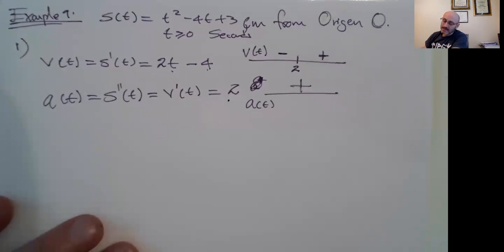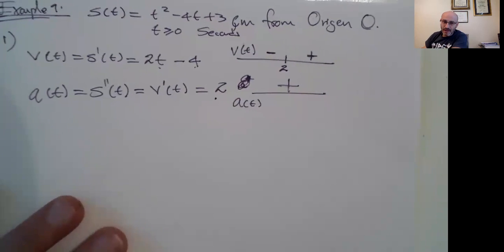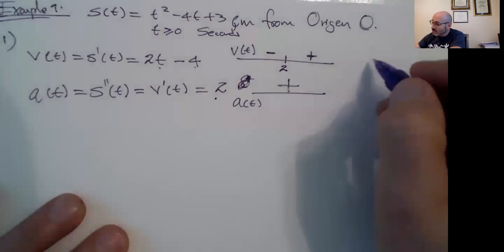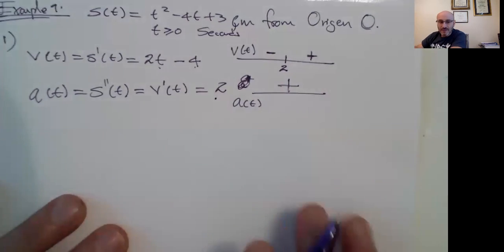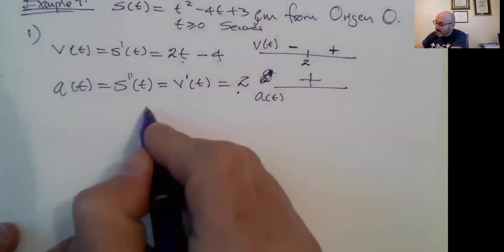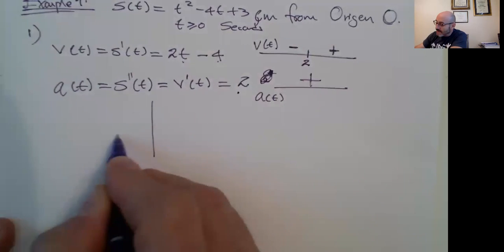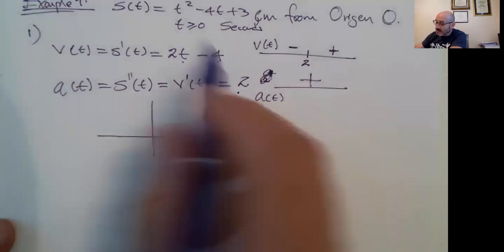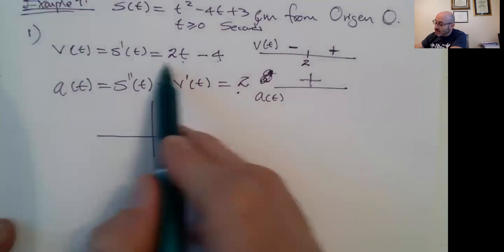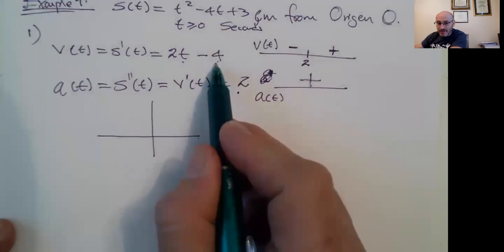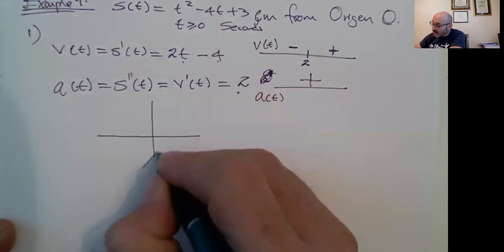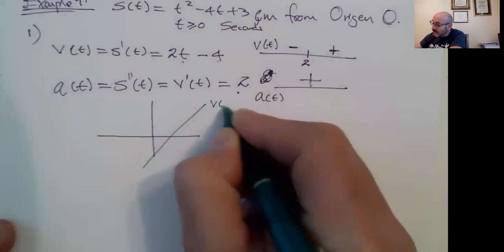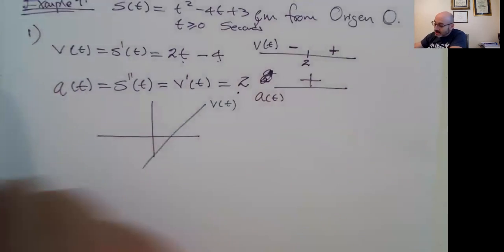So let's do an additional graph so we can actually see what's going on here. So this is basically what's happening. Actually, I'm going to do that graph here. So we have the velocity, which is this, and that's a line with y-intercept at -4. So let's say that line represents my velocity.